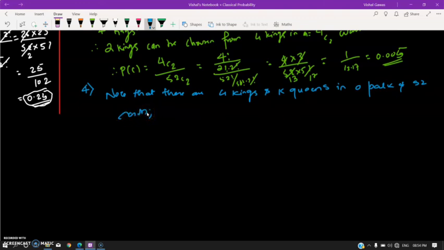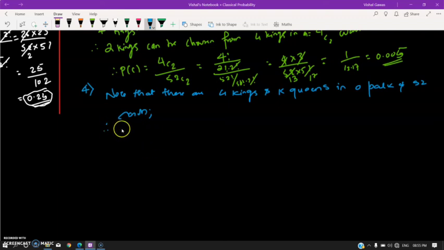One would be spade, one would be club, one would be diamond, one would be heart. So I can choose 1 king out of these 4 in 4 ways. I can choose either spade king or heart king and so on.